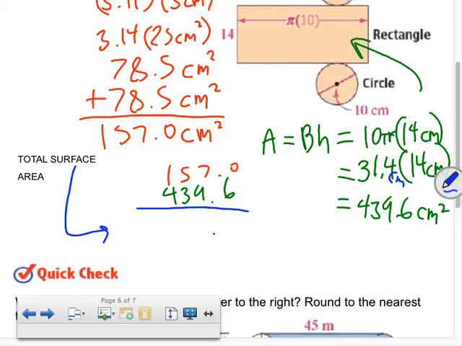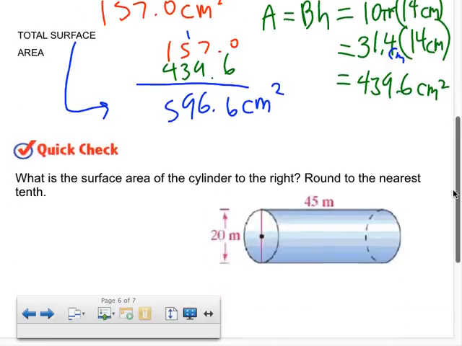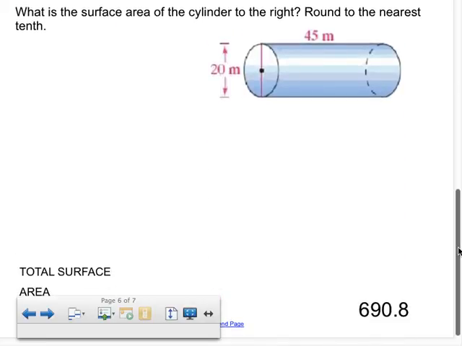Quickly. Now remember when we added decimals, we line up my decimals, right? What are the units going to be? 596 centimeters squared.